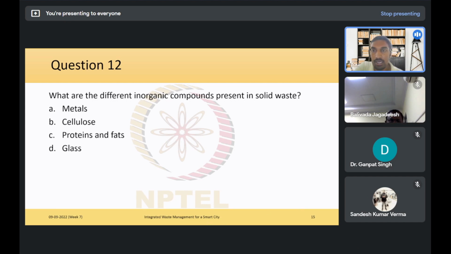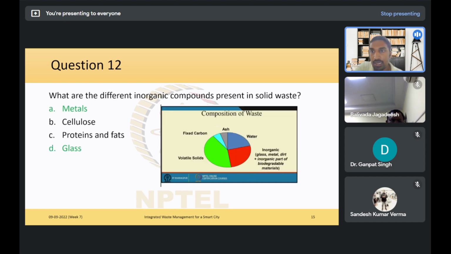Okay, so the right answer is actually only A and D, metals and glass. The question is only asking about the inorganic compounds which are in the solid waste, right? So out of the given options, inorganics are the metals and glass, right? There will be other inorganic components as well, but out of the options given here, it is only the metal and glass which are the inorganics that we find in the solid waste.